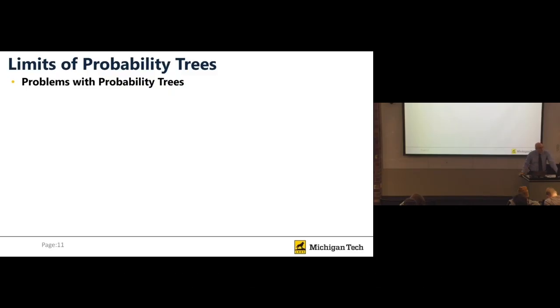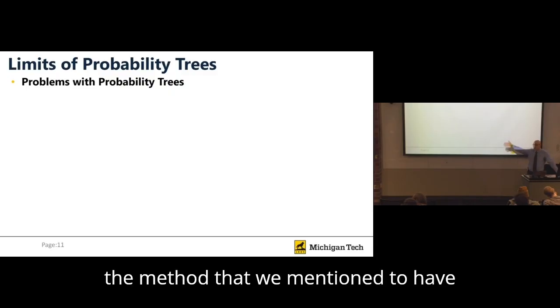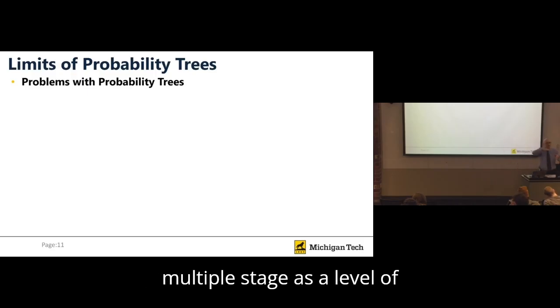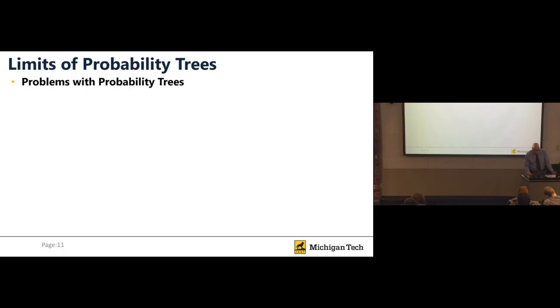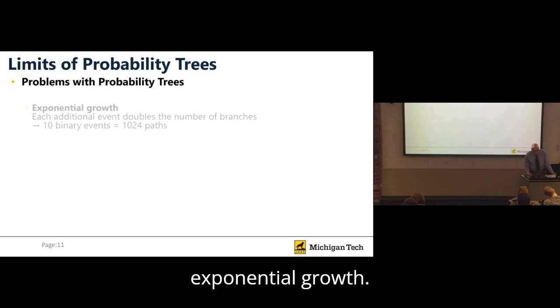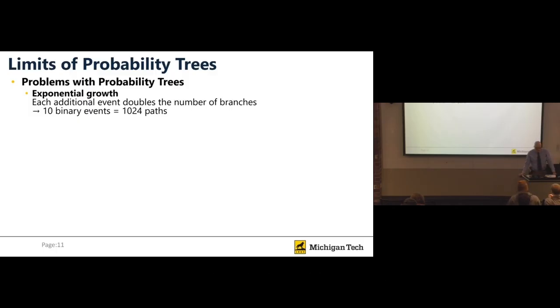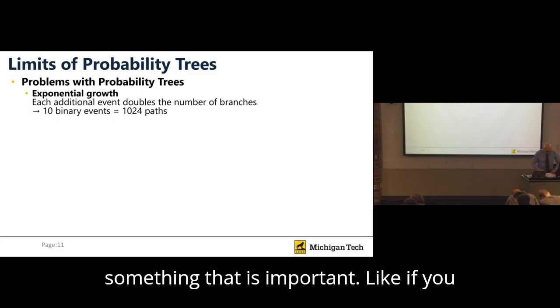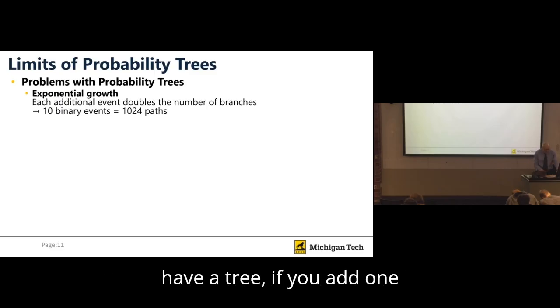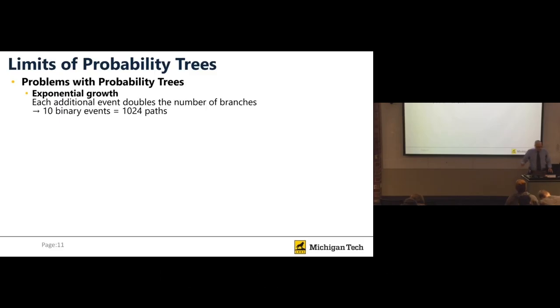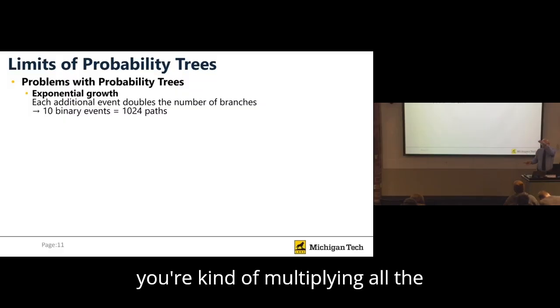If you use tree, the method that we mentioned to have multiple stages as levels of the tree, we have some limitation. The first limitation is actually exponential growth. It's growing very fast. Tree is growing so fast. Like if you have a tree, if you add one extra event, you kind of multiply all the leaves.